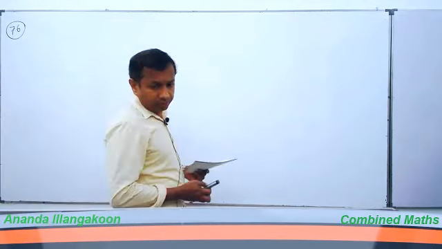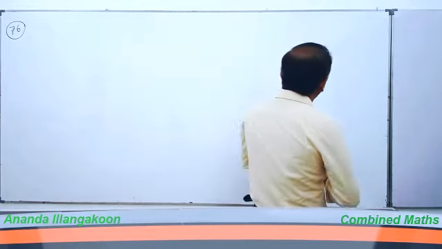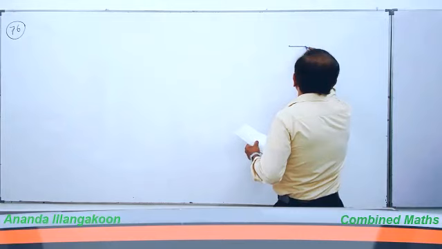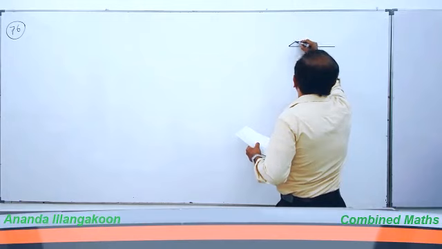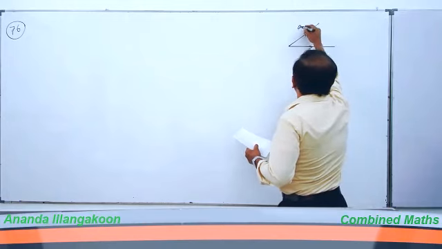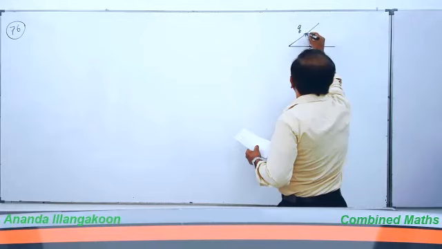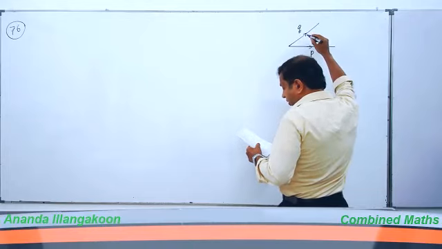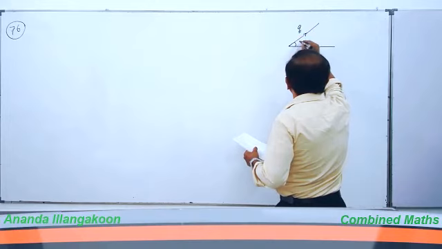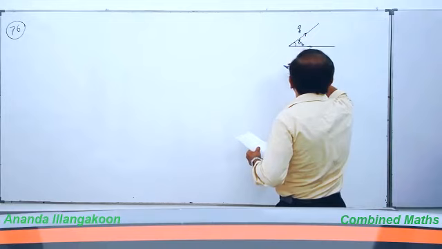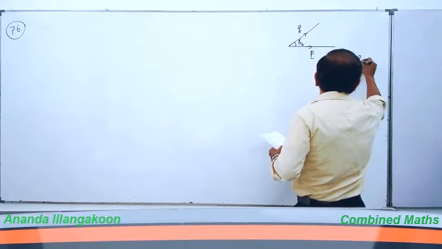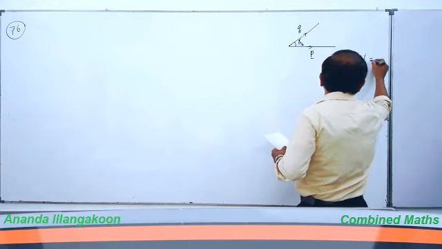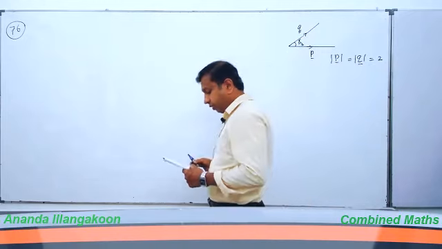First of all, we'll pay our attention to P and Q vectors. The angle between them is pi by 3. And meantime, vector P modulus is equal to vector Q modulus, given.